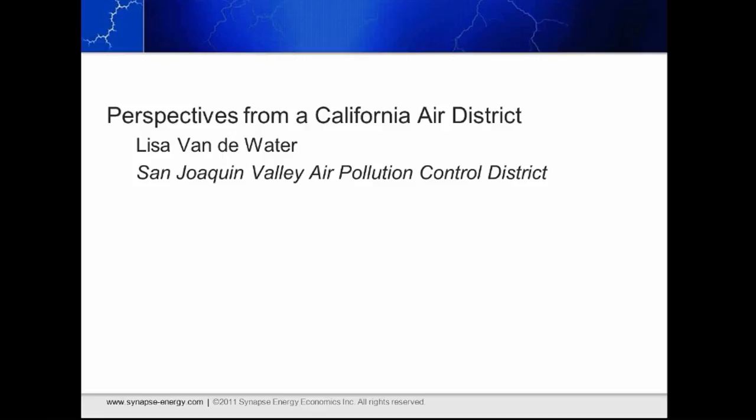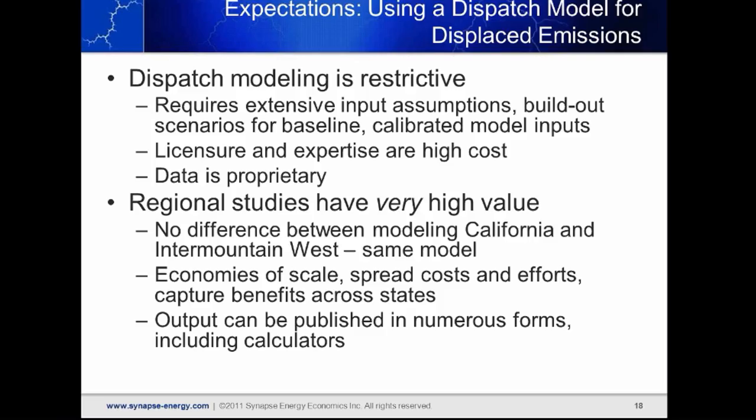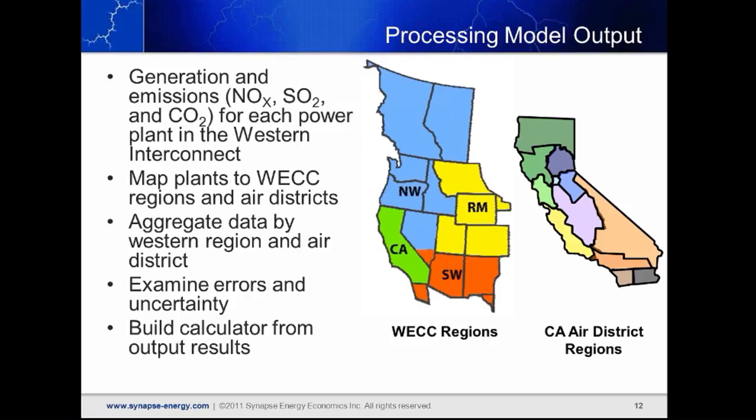This is Lisa Vanderwater, and I represent the San Joaquin Valley Air Pollution Control District. And if you remember back to Jeremy's slide that showed the delineations of the air districts, we were that large lavender blob in the middle of California.